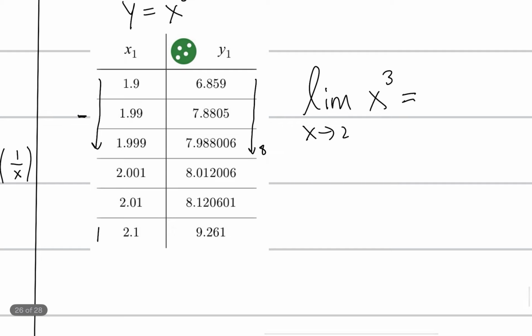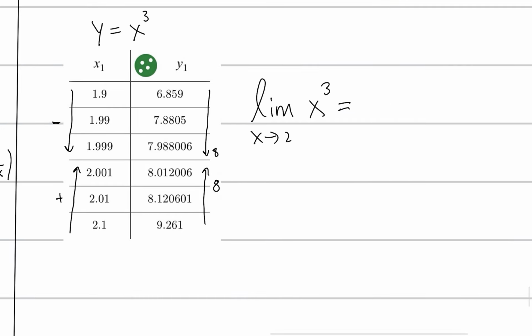And from the plus side, which is from the right of 2, as we get closer and closer to 2, our y values are also going to 8. So from both sides, our y is going to go to 8. So the limit is just going to be 8.